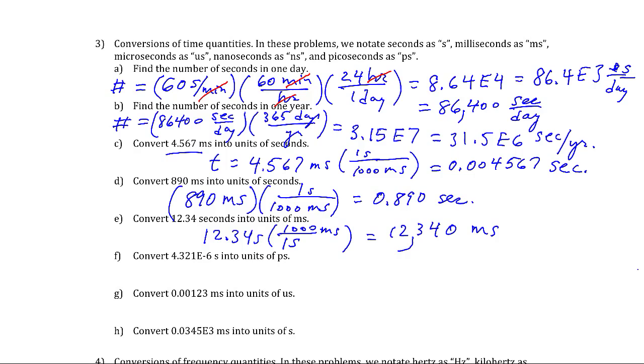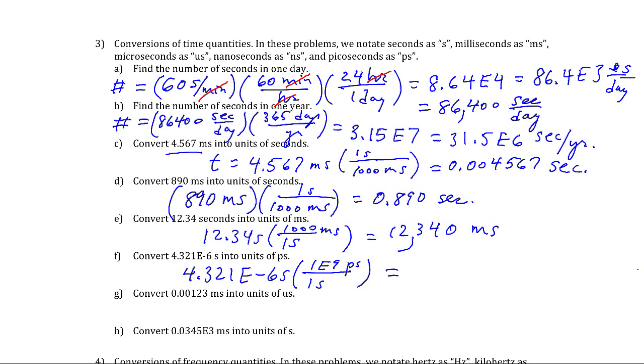4.321 times 10 to the minus 6 seconds into units of picoseconds. Let's see here. 4.321 times 10 to the minus 6 seconds. I'm going to go ahead and multiply that by 1 second is 10 to the 9th picoseconds. So all I have to do is multiply my number times 10 to the 9th.